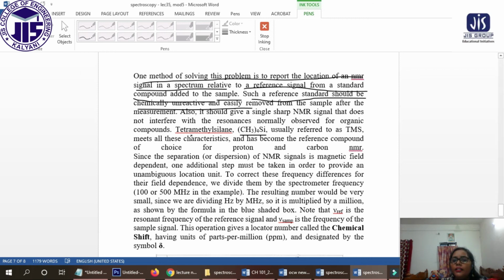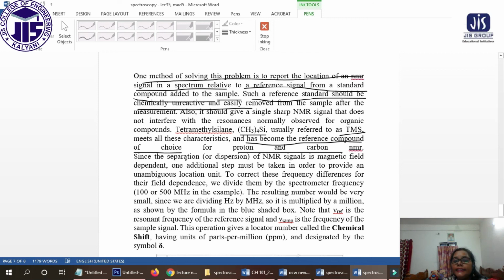TMS is the reference compound of choice for proton and carbon NMR. For proton NMR as well as carbon NMR, we have the TMS, the tetramethylsilane.